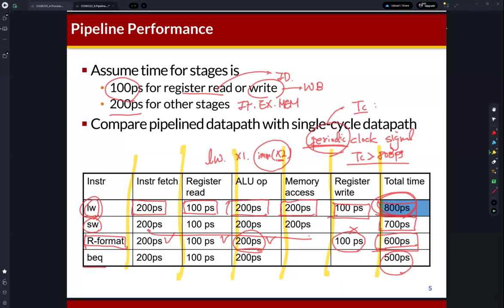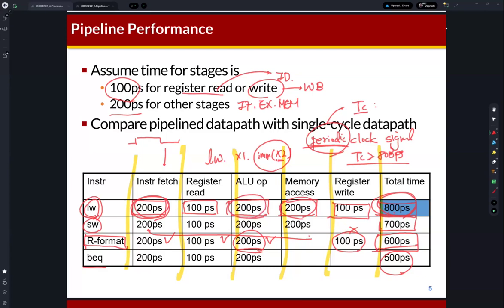Then what is the longest delay? So actually, we can just use a single clock period for each stage in a pipeline processor architecture, right? Then what is the longest delay? The longest delay is 200 picoseconds, right?